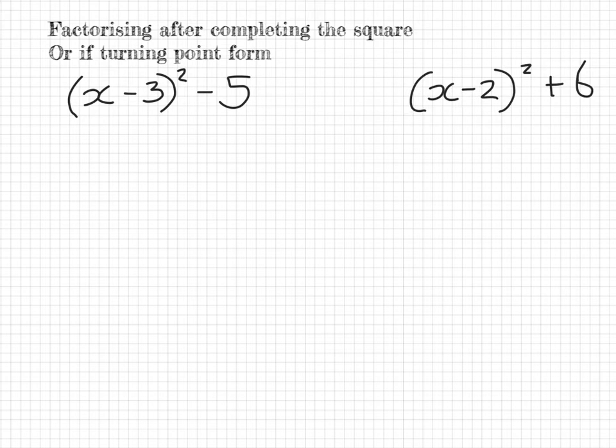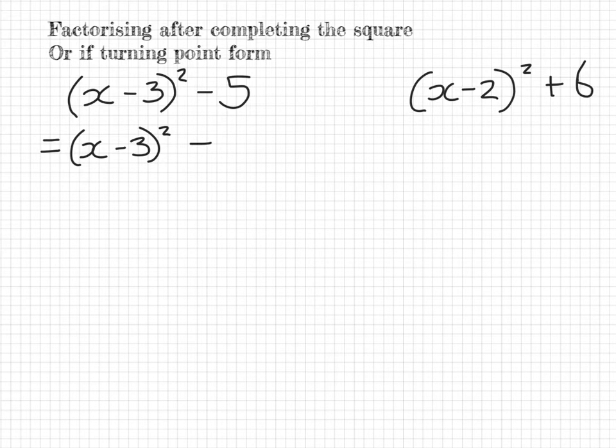Okay, so factorising after we've completed the square, or if you've been given an equation in turning point form, just like completing the square, we sort of need to play around with it. And what we want is for the second thing to be in the form of a number squared. So that bit's staying the same.